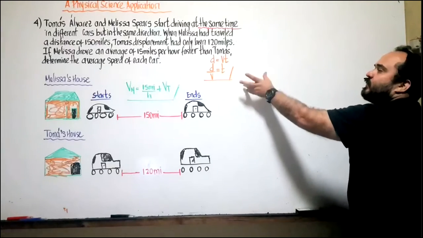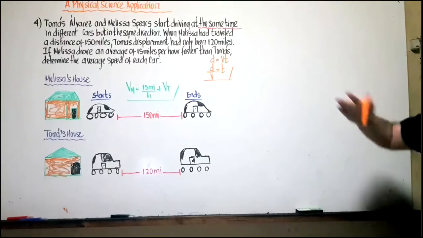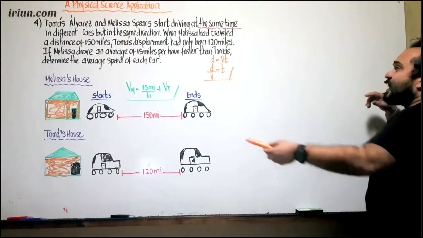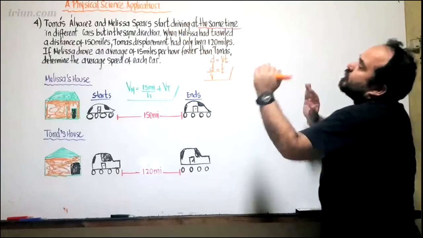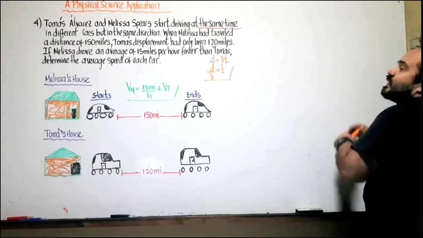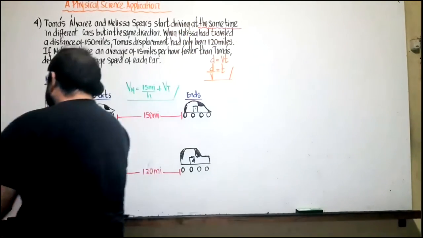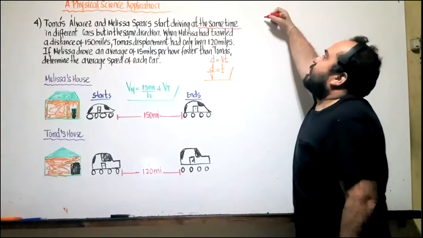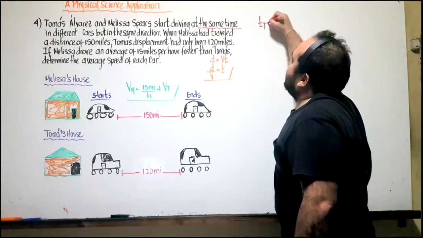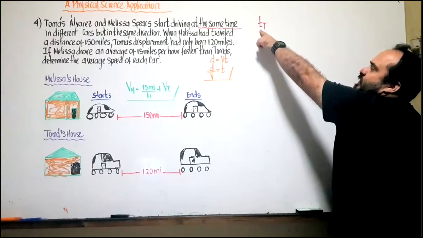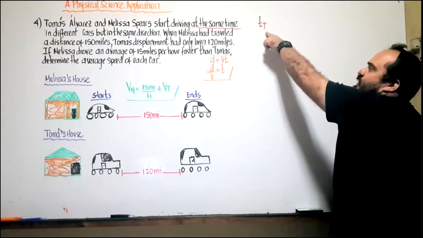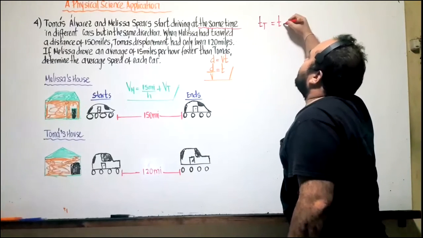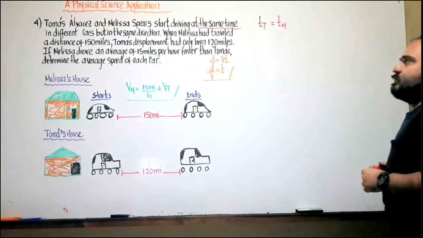Why is this relationship so useful as we start solving this problem? Simple, because at the beginning the problem mentioned Thomas and Melissa start driving at the same time. What does that mean? That means I'm going to write the period of time of Thomas, where the letter t represents time and the capital T represents Thomas, will be equal to the period of time of Melissa.